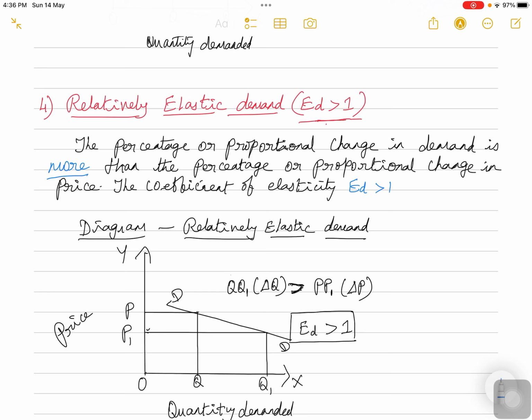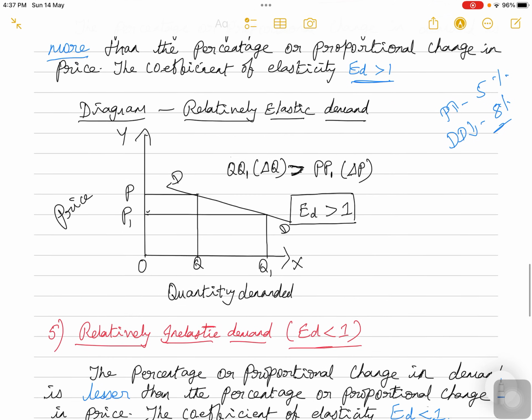That is, if the price of the commodity increases by 5%, the demand for the commodity decreases by 8% or 10%, or more than 5%. That is, the change in demand is more than the change in price of the commodity. That is elastic demand or relatively elastic demand. The coefficient of elasticity ED is greater than 1. For elastic demand, the numerical value of elasticity will be greater than 1.